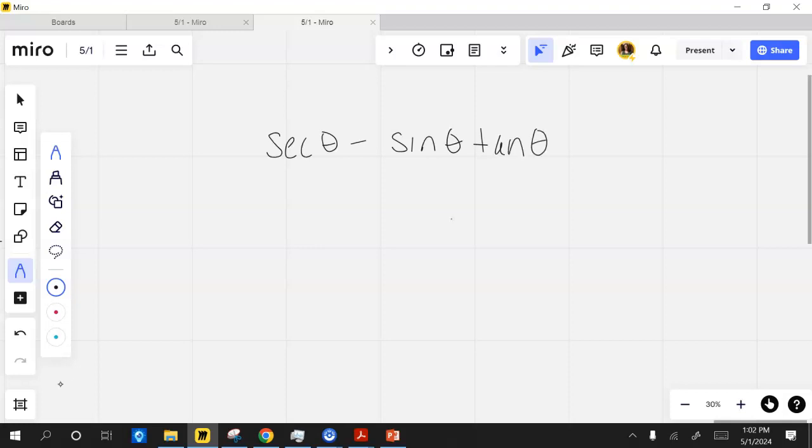Simplify. Remember what simplify means? Single trig function. Ideas on what I might be able to do first? Okay, make the secant one into cosine.